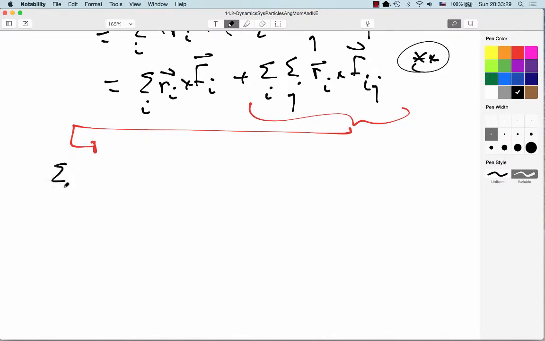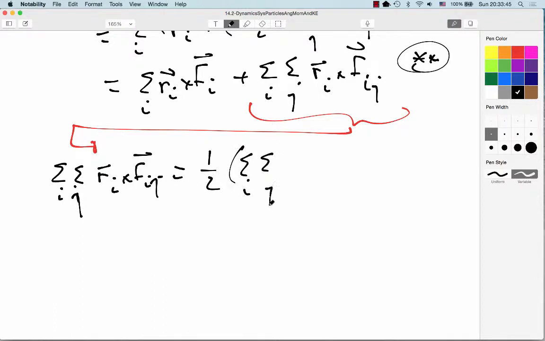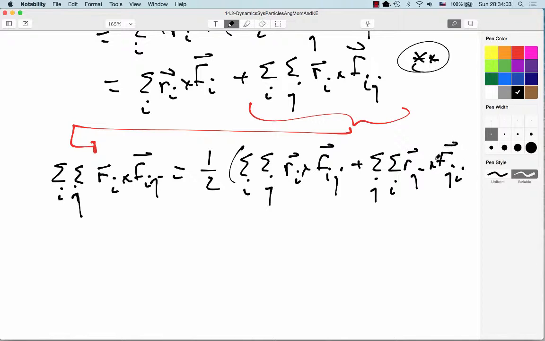So we have the sum over i, sum over j, r_i cross F_ij. That will be equal to, and again we'll do our split on the indices, sum i, sum j, r_i cross F_ij, plus, with the relabeled indices, sum j, sum i, r_j cross F_ji, like so.